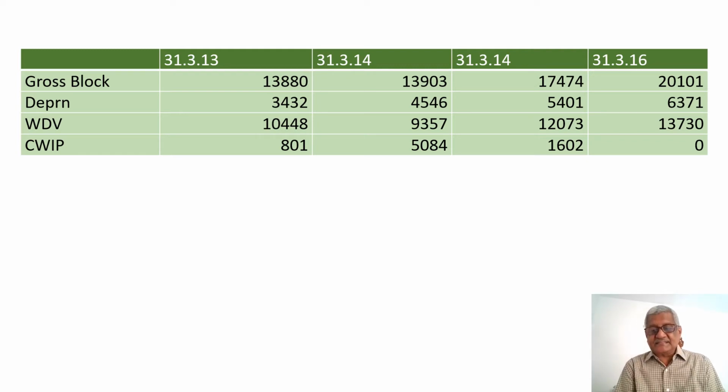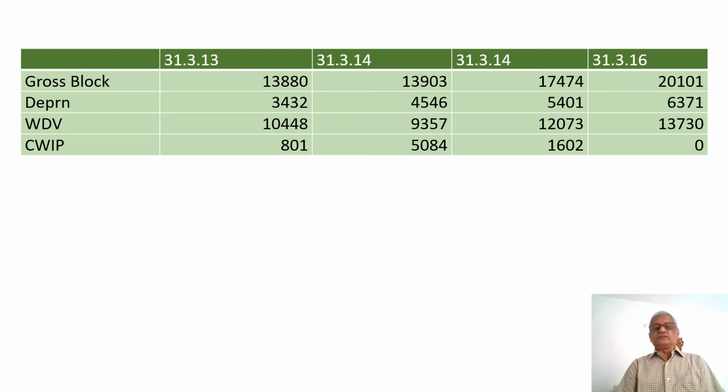I have given here an example of a company's balance sheet for four years. The gross block shows 138.80, slightly increased to 139.03, further increased to 174.74, then increased to 201.01. That means the company had added certain fixed assets every year. Then the depreciation is shown, which is accumulated depreciation, that is the depreciation right from the day of acquiring that particular asset till date.